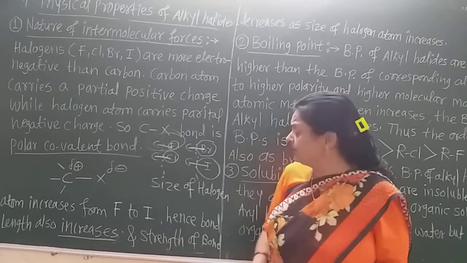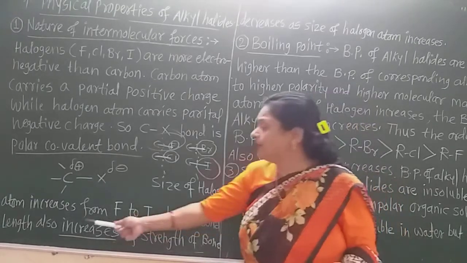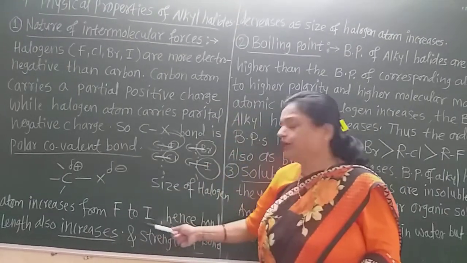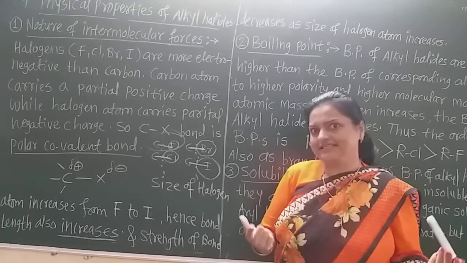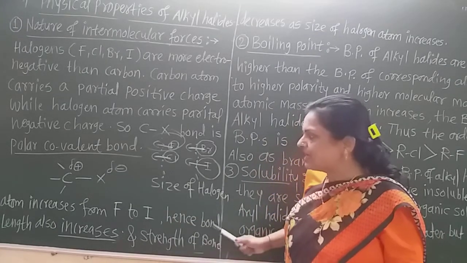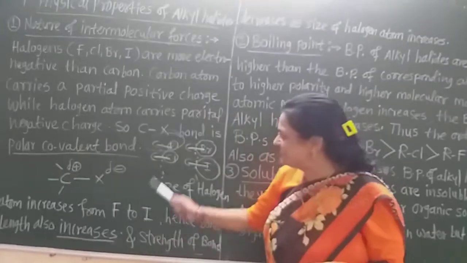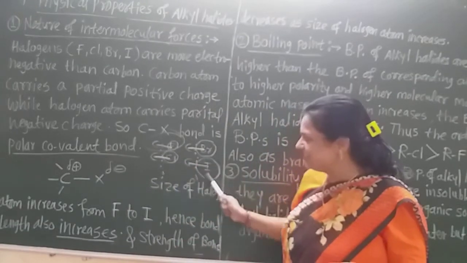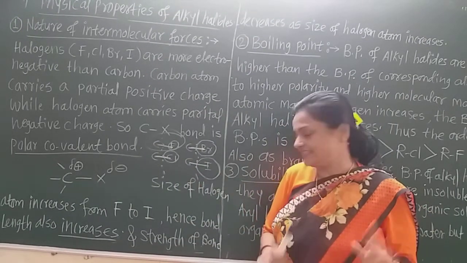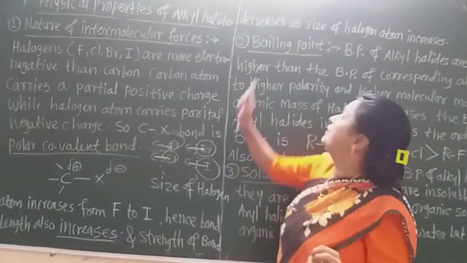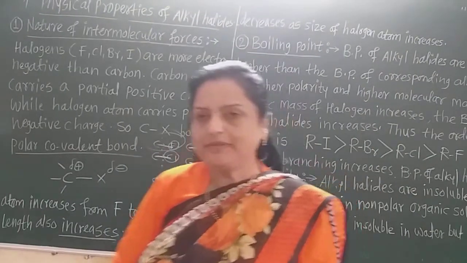So what is given? The size of the halogen atom increases from fluorine to iodine. We know that size definitely increases, hence the bond length also increases. As the size increases, bond length also increases, and the strength of the bond decreases.